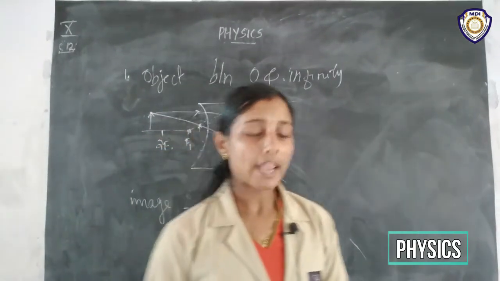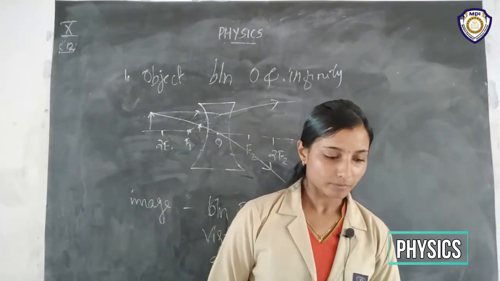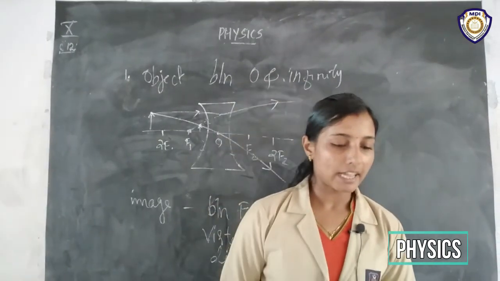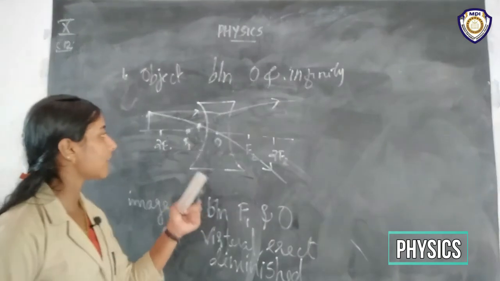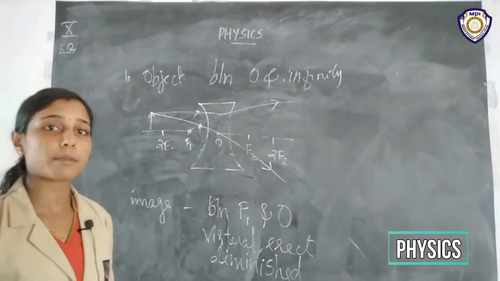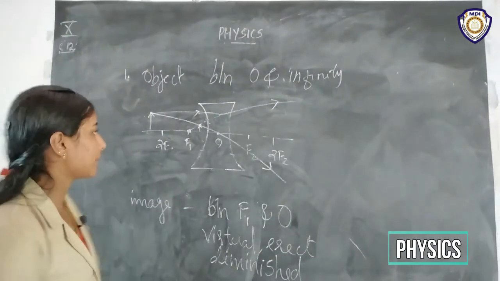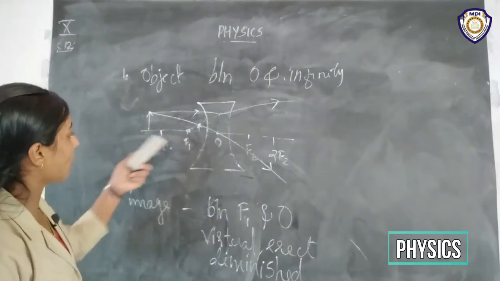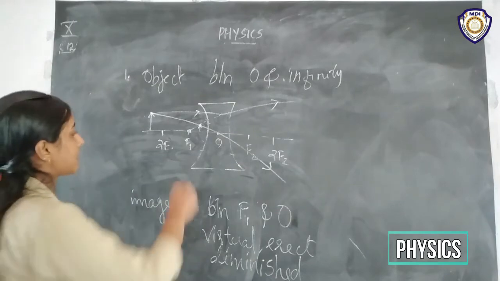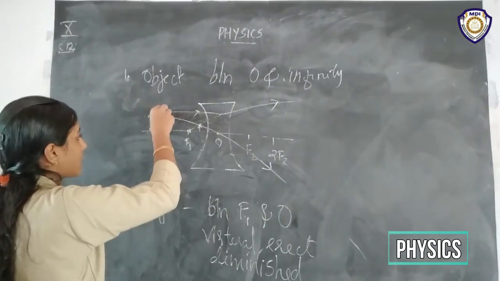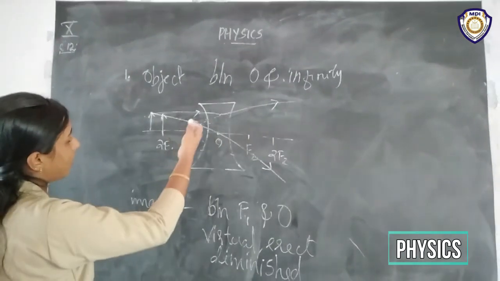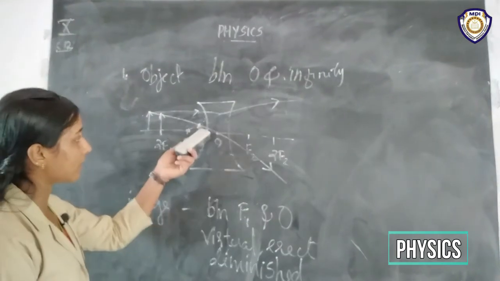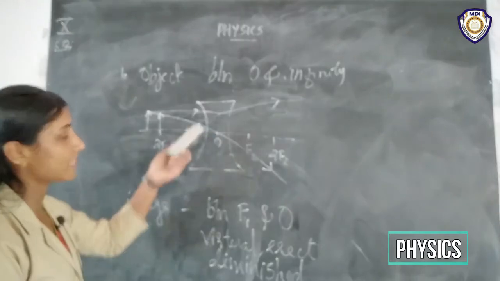So for any position in between infinity and the optical center, we can get the image like this. The nature of the image will always be the same. That means here we take the object beyond 2F1. Suppose we take it at 2F1, the image will be formed in between O and F, and the nature of this image will be the same.